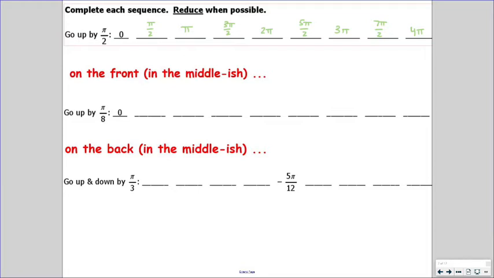Okay, somewhere in the middle, we want to go up by pi over 8. So again, I'm just going to start at 0 here, and I'm going to count by pi over 8. So 0 plus pi over 8, that's pi over 8. 2 pi over 8. 3 pi over 8. 4 pi over 8. 5 pi over 8. 6 pi over 8. 7 pi over 8. 8 pi over 8.